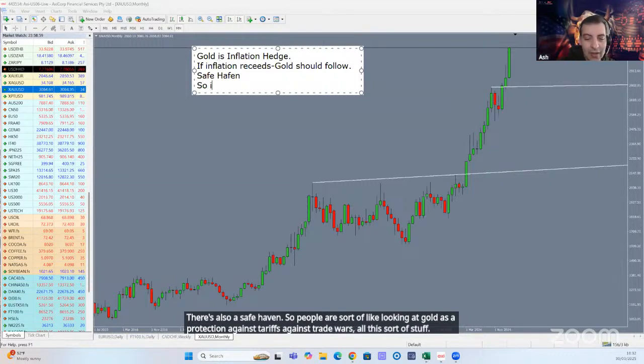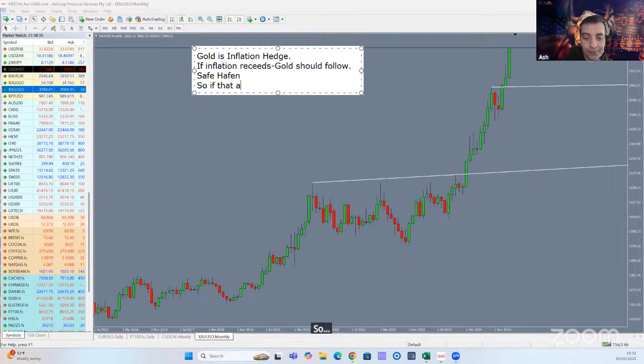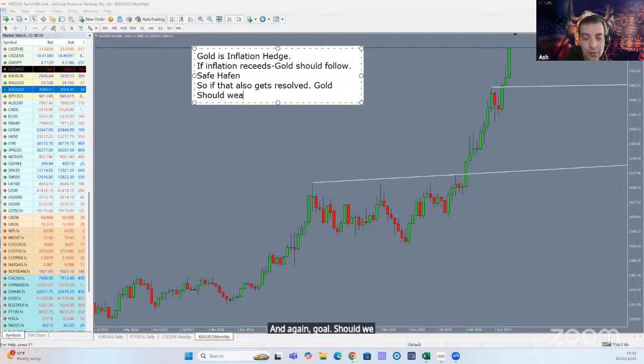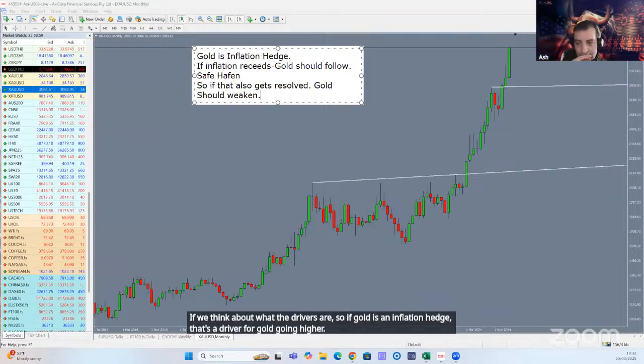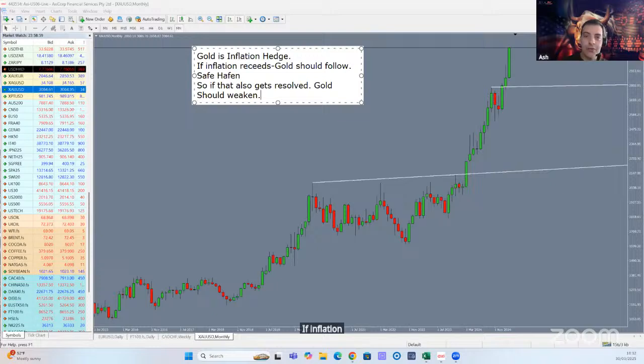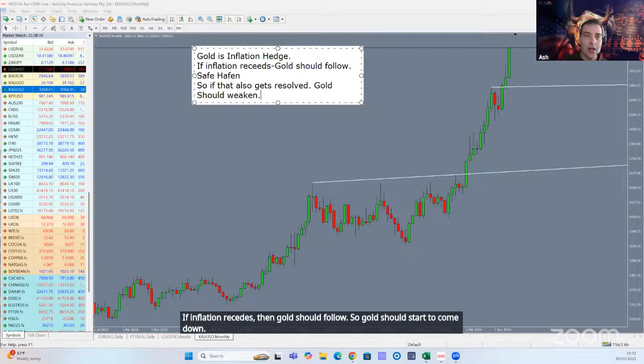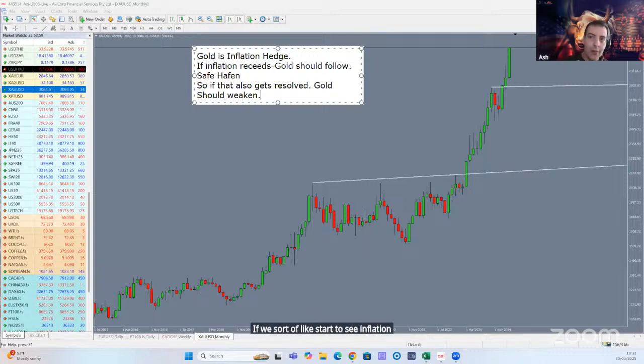So if that also gets resolved, then again, gold should weaken. So if gold is an inflation hedge, that's the driver for gold going higher. If inflation recedes, then gold should start to come down, if we start to see inflation calming down a little bit.